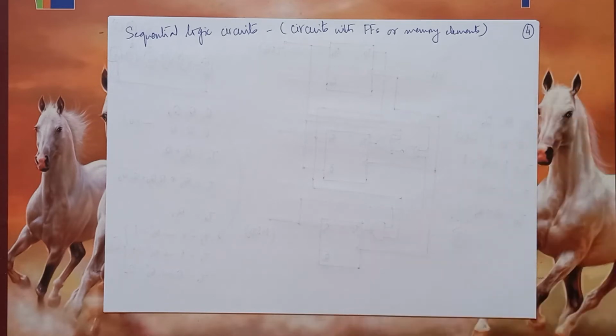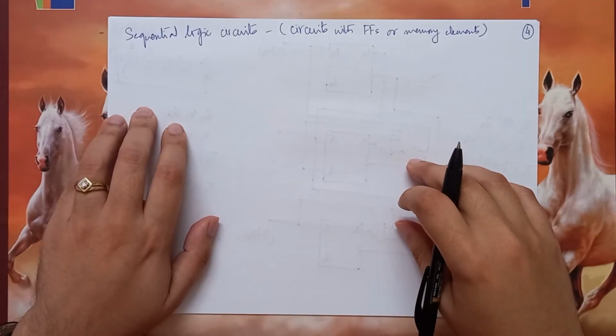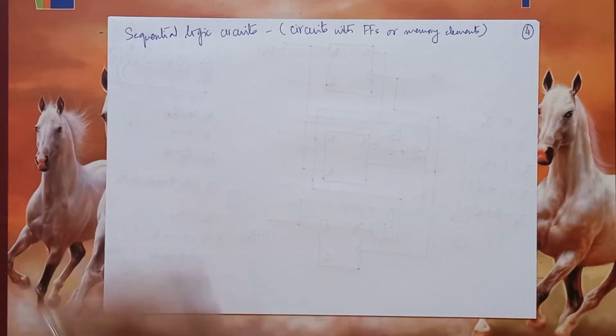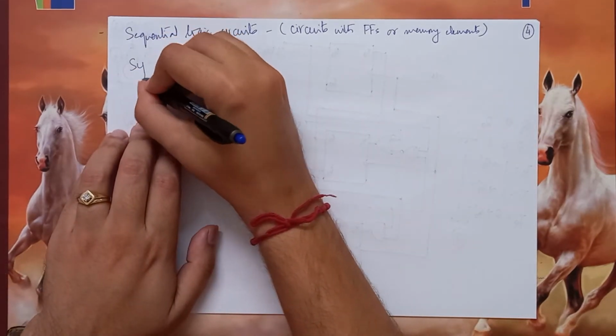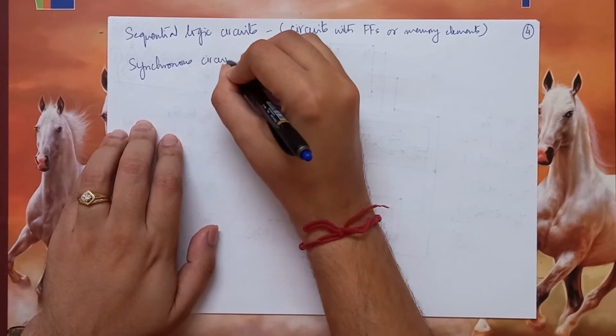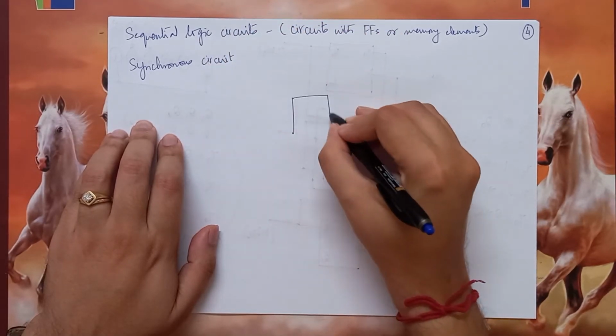So in general, what we have seen so far is that sequential circuits can consist of multiple flip-flops and some additional gates, especially if they are synchronous. So suppose we take a look at a synchronous circuit. You can have one flip-flop.